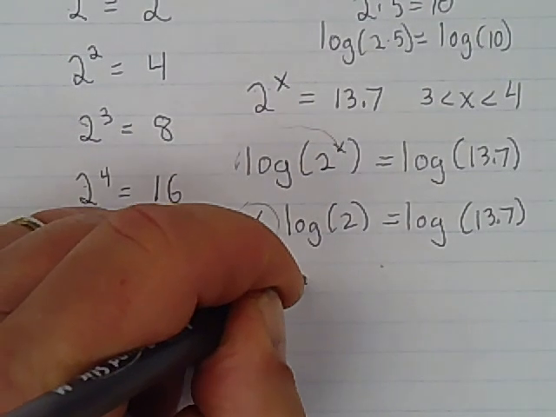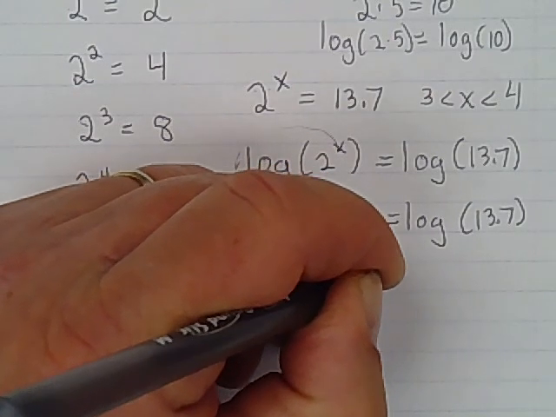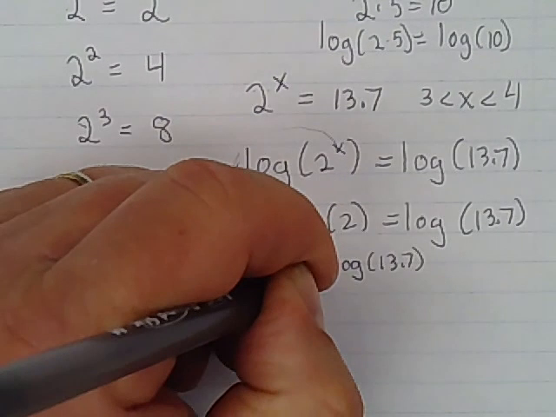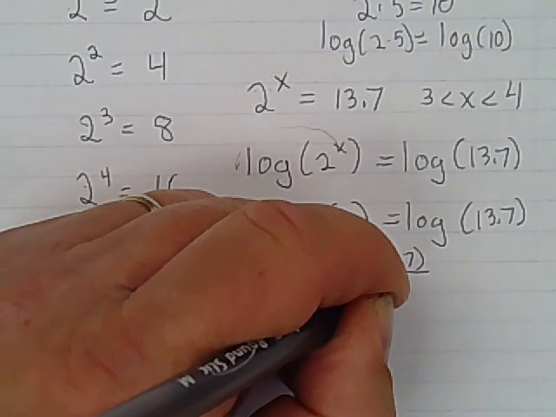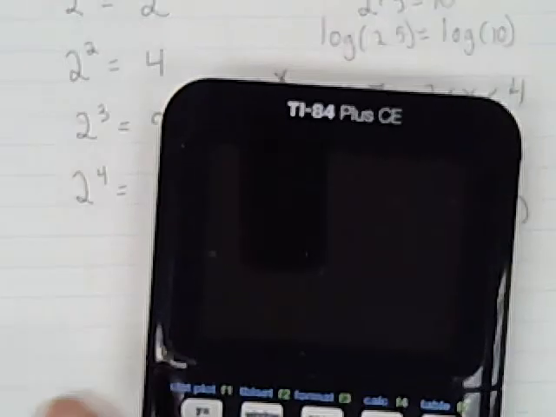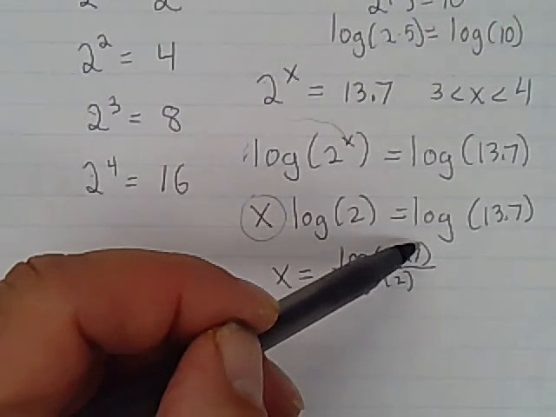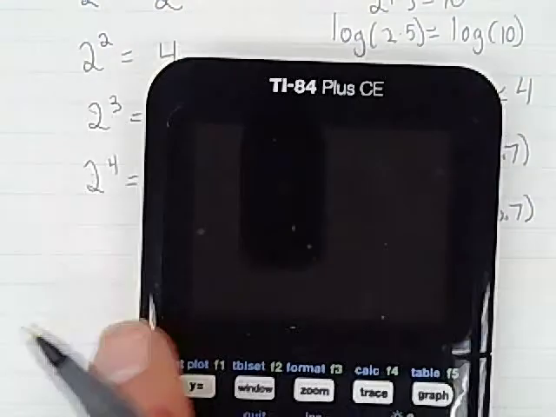X would be equal to the log of 13.7, which I can ask my calculator, divided by the log of 2. And I can also ask my calculator. And by the way, no, you can't divide 13.7 by 2 first. That would not be correct.